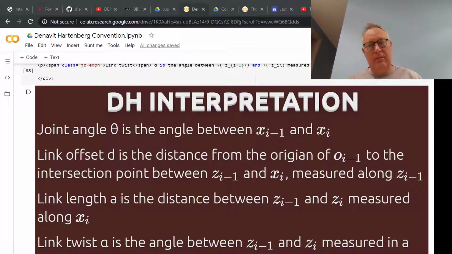That's one of the problems with robotics. You have to be quite careful in the way that you deal with those numbers and set up your coordinate systems.